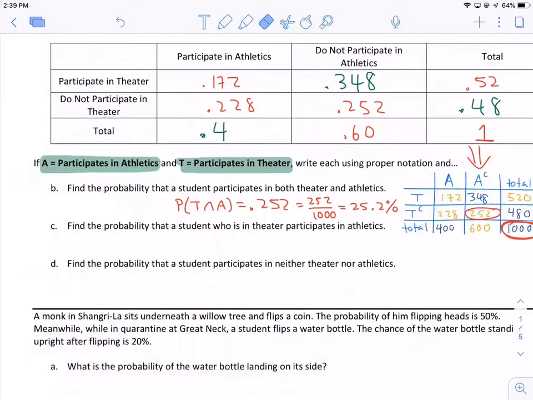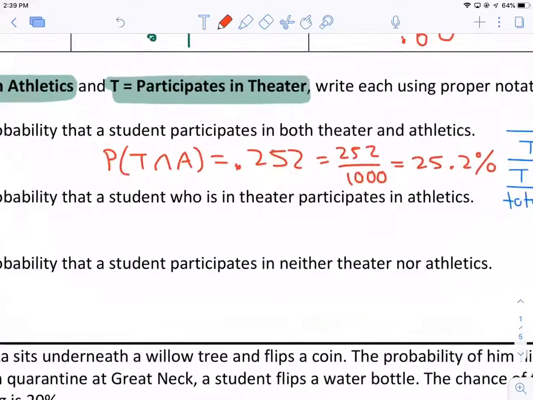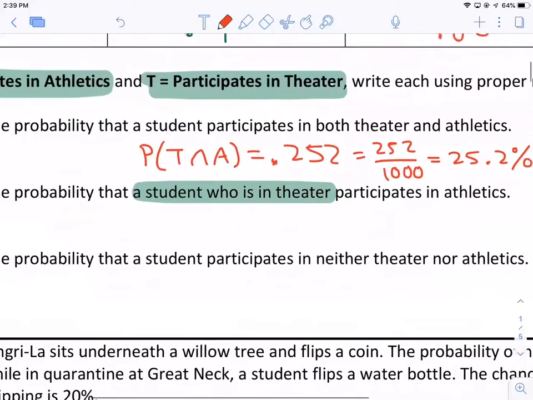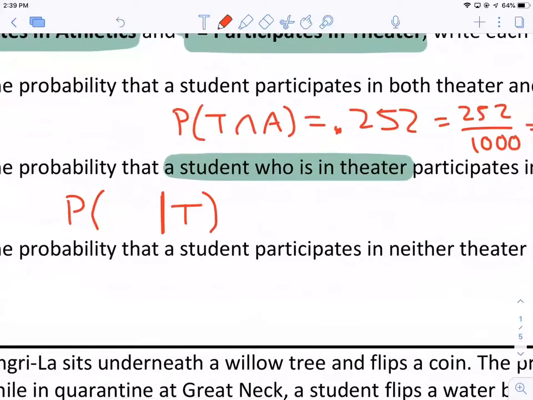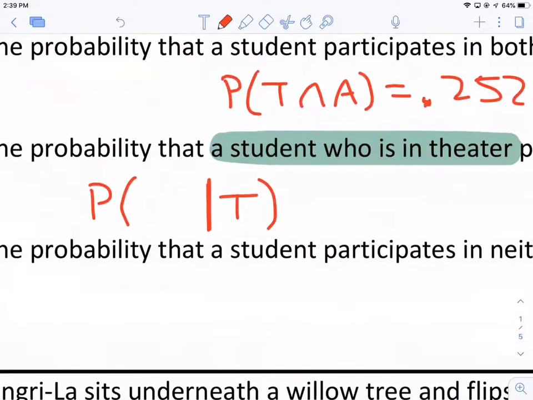What's the probability that a student who is in theater participates in athletics? So we're only looking at students who are in theater. A student who is in theater. So that is a conditional probability statement. That is our given. So here's our given symbol. Given that they are in theater, what is the probability that they participate in athletics?